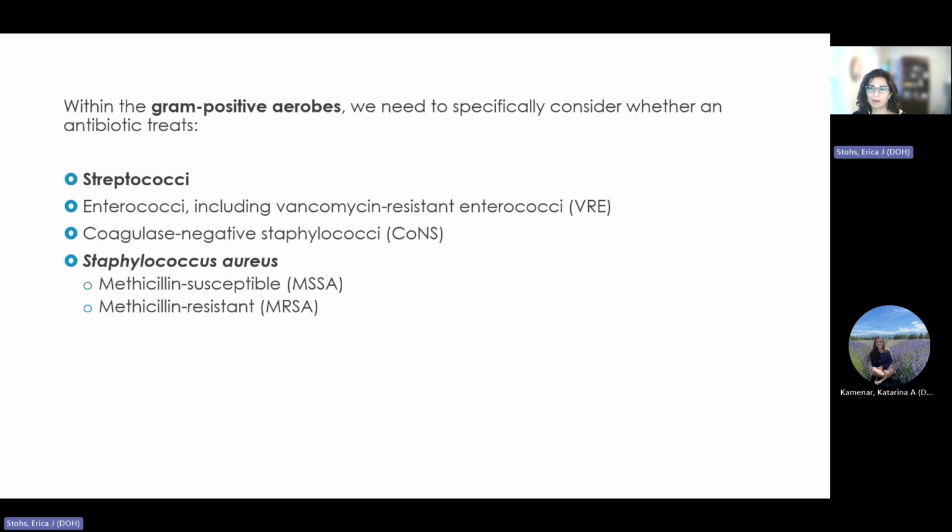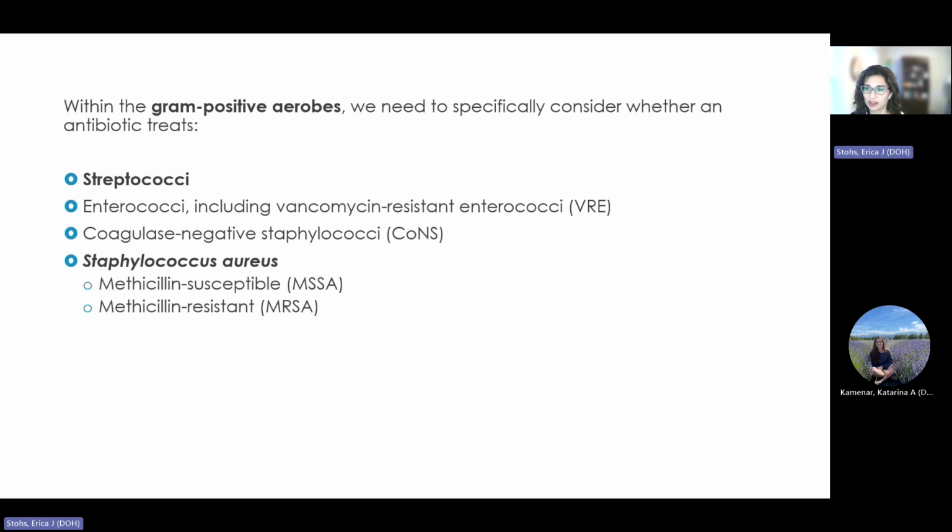So let's start with gram-positive aerobes, this first category of bacteria. These are the bacteria we're talking about. A lot of people have heard of streps. So streptococci are a very common and important one we're going to think about. Another one is Staph aureus. And as many of you may know, it can be subcategorized as methicillin susceptible or resistant.